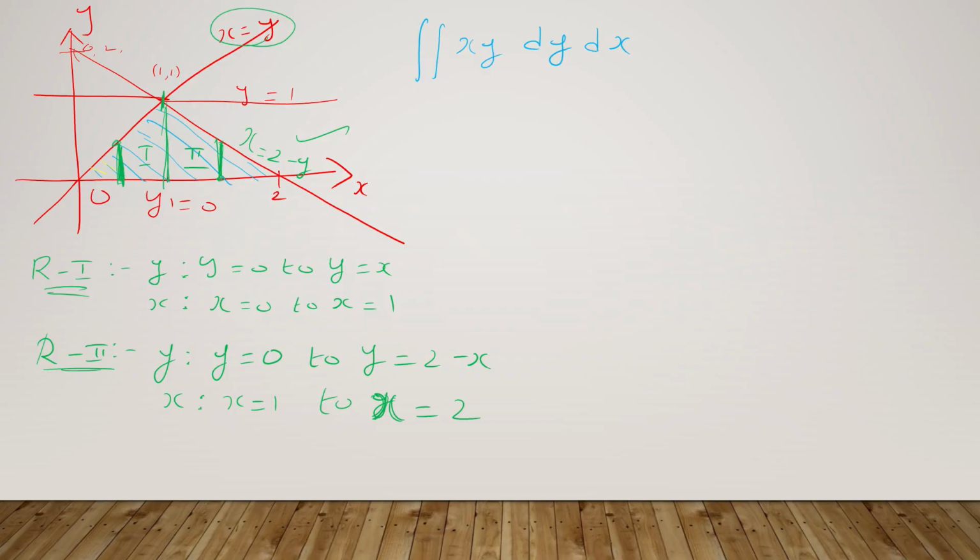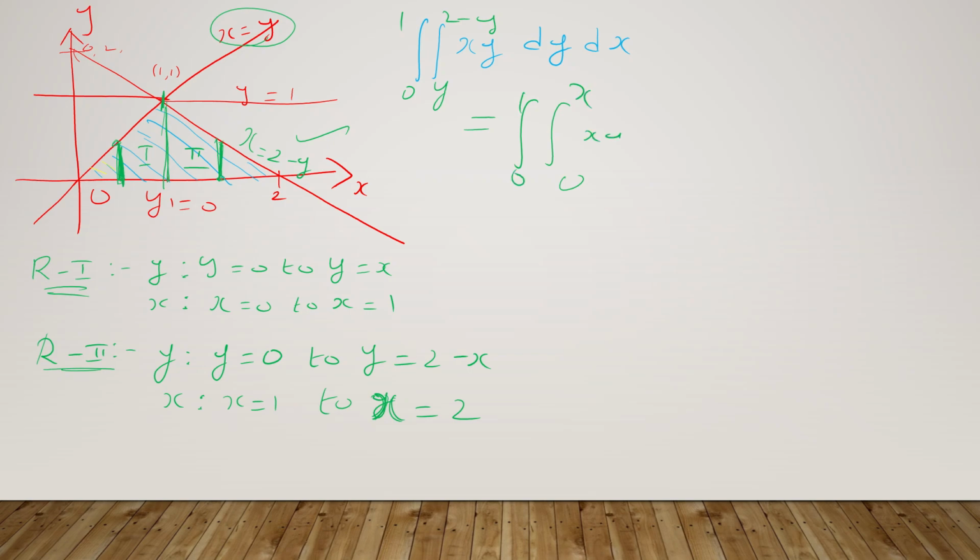So the given limits are from 0 to 1, and y to 2 minus y. This is the given problem, and we are changing the order. By changing the order, the region is divided into 2 portions. According to the first region, the limits are 0 to x and 0 to 1.